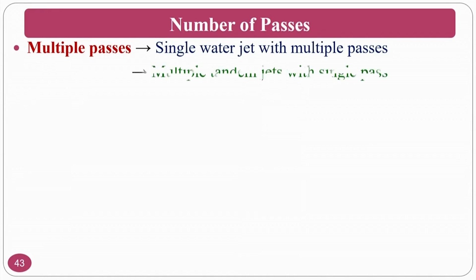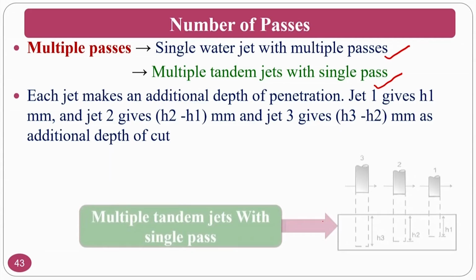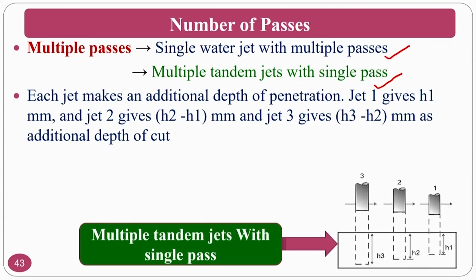Number of passes: single water jet with multiple passes is possible, and multiple tandem jets with a single pass is also possible. Each jet makes an additional depth of penetration. Normally, if you see the picture here, jet 1 gives H1, jet 2 gives H2, so the additional depth is H2 minus H1 mm, and jet 3 gives H3 minus H2 mm.